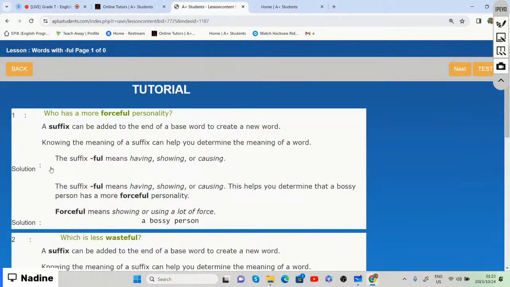So the base word means something, but as soon as we add full or less at the end, it changes. Knowing the meaning of a suffix can help you determine the meaning of a word. And we see that the meaning of full is having, showing, or causing.